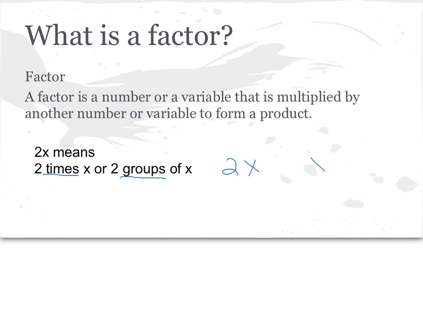So if x equals 2, then you have 2 groups of 2, which equals 4. That means that the factors 2 and x are going to equal a number. 2 is a factor of that number, and x is a factor of that number.